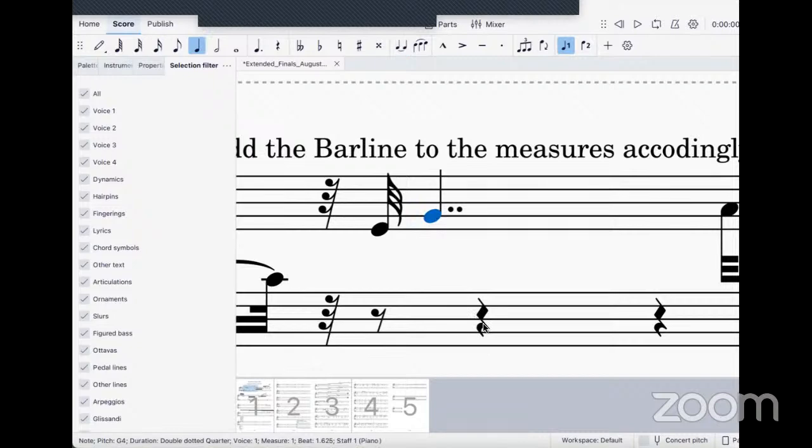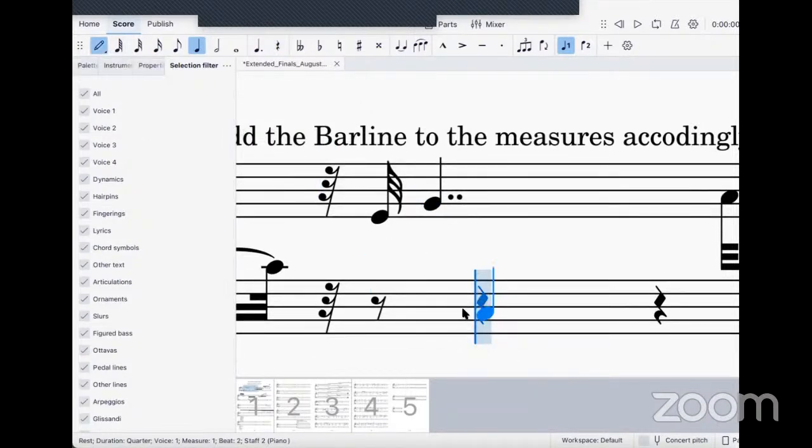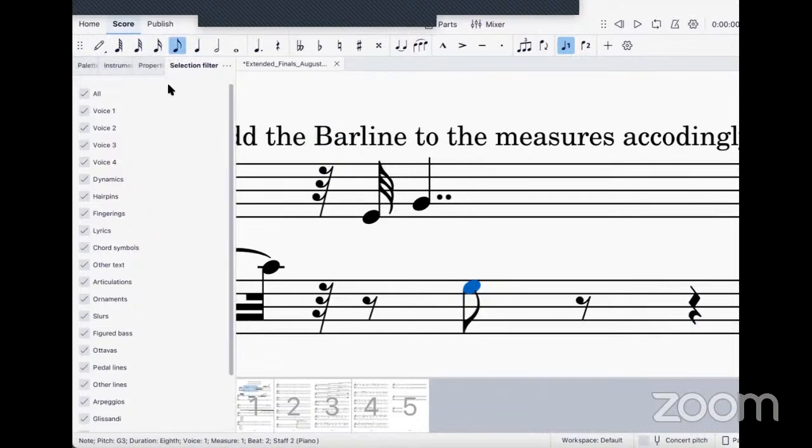And this here is equal to one quarter note. The half of the quarter note is an eighth note.